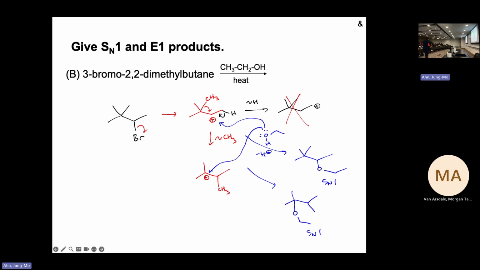So between these two possible SN1 products, which one is the major and which is the minor? I would say that will be the major, this will be the minor, because the more stabilized carbocation will be formed more, and that will lead to the major SN1 product.